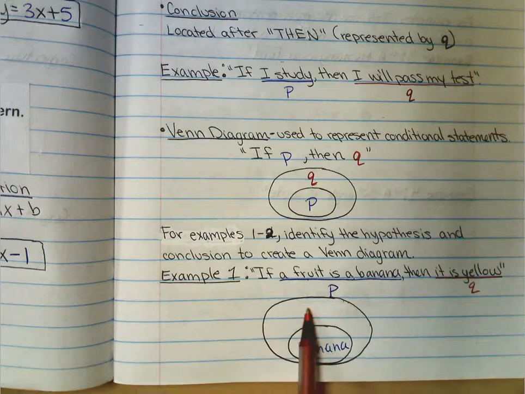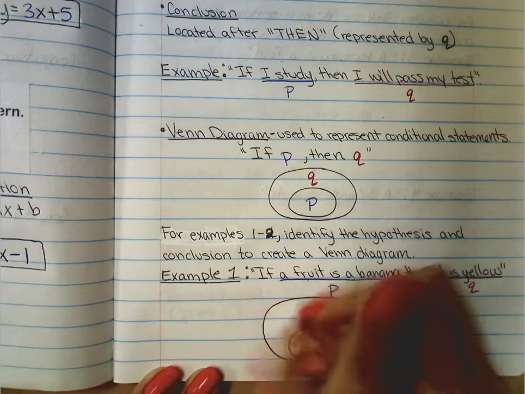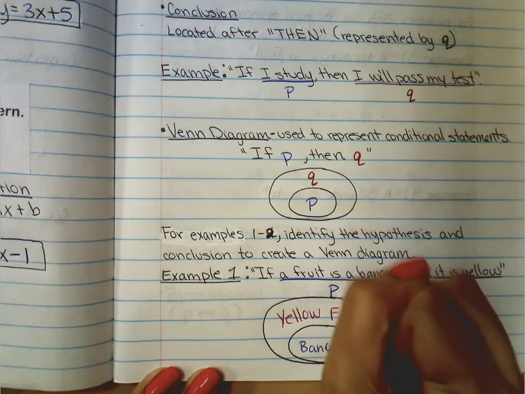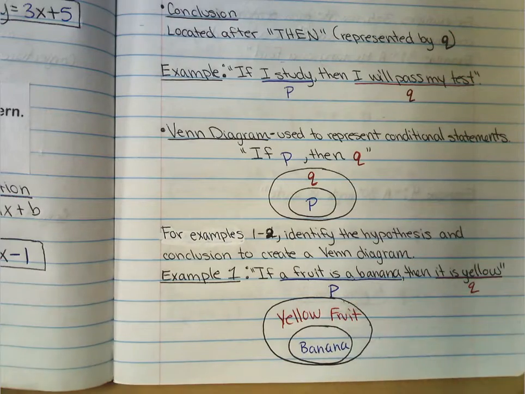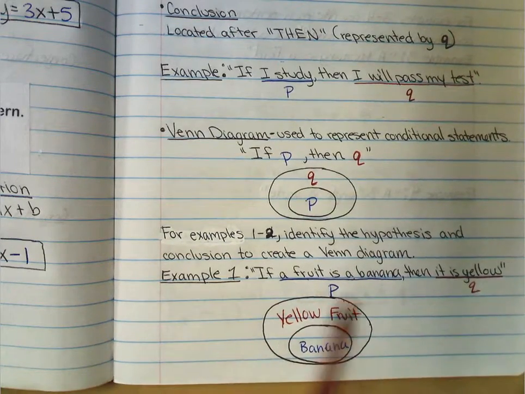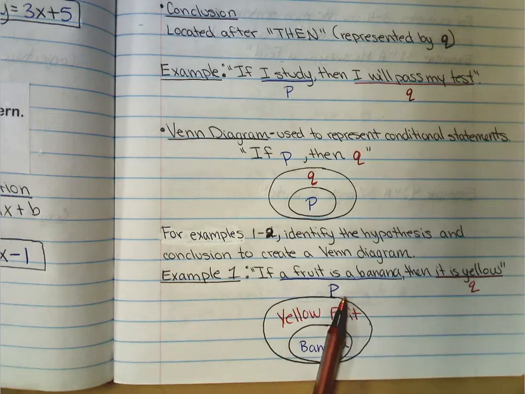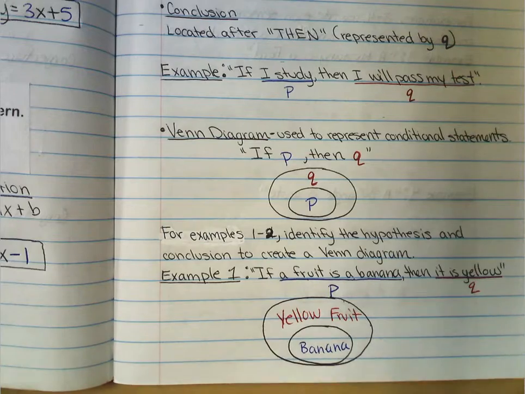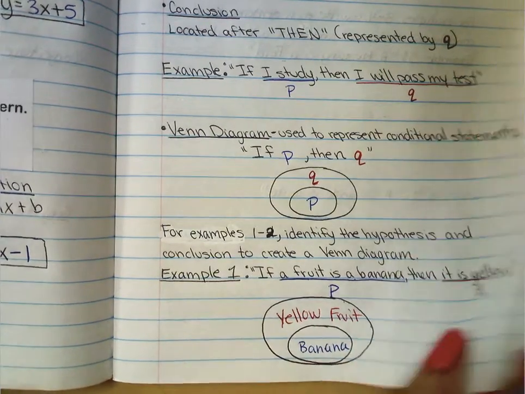And on the outer circle, I should have the conclusion, which is it is yellow. So I'm just going to have outside yellow fruit. So you can see the bigger circle, it's yellow fruit because there's a lot of yellow fruits. And then banana is inside because that's more specific. So let's see one more example.